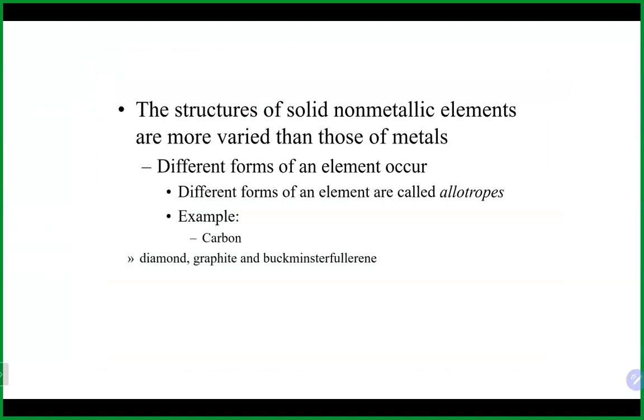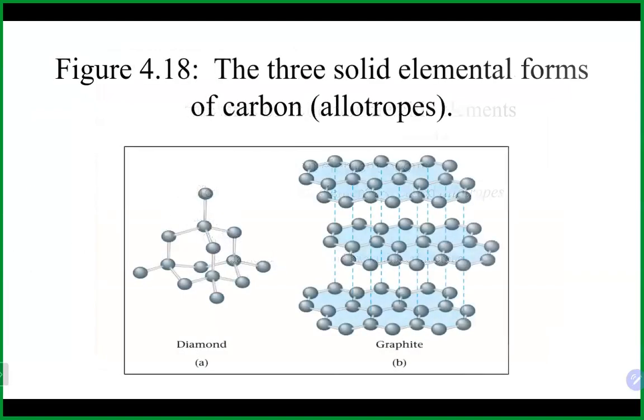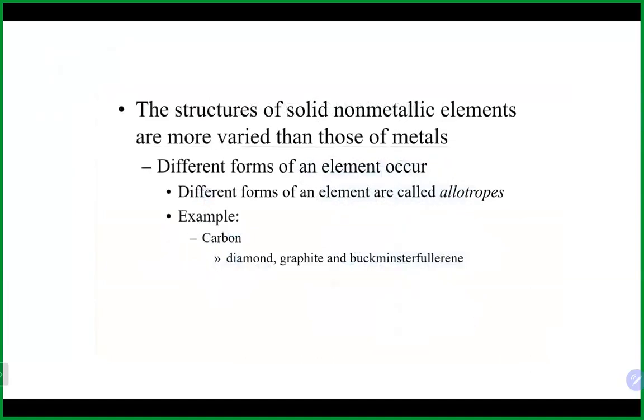Now, when we talk about solid nonmetal elements, they have a variety of shapes, a little bit different than those in metals. We can have different forms of the same nonmetal element, sometimes referred to as allotropes. For example, there are a few different versions of carbon, and depending on how the carbon is put together, we get different properties.